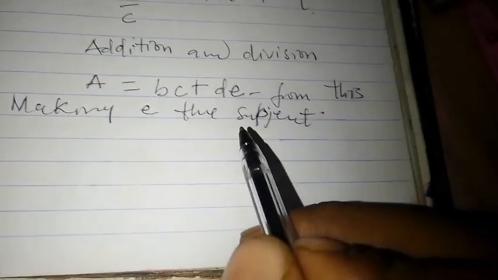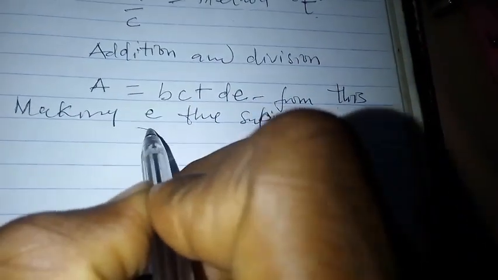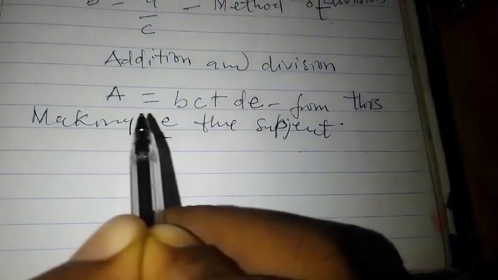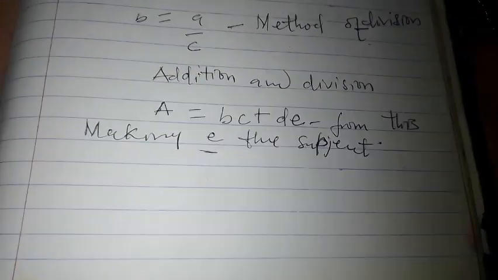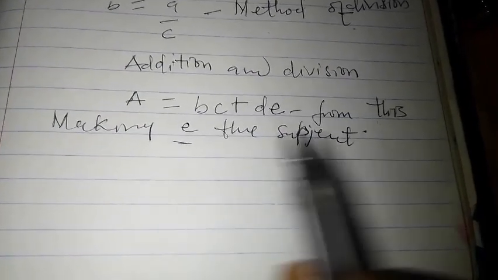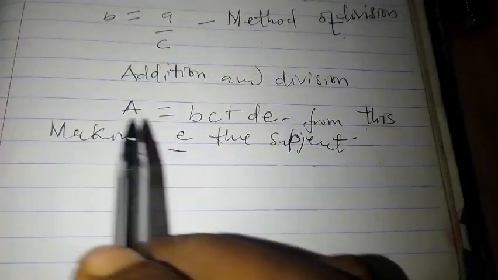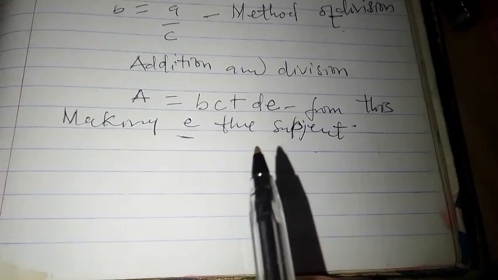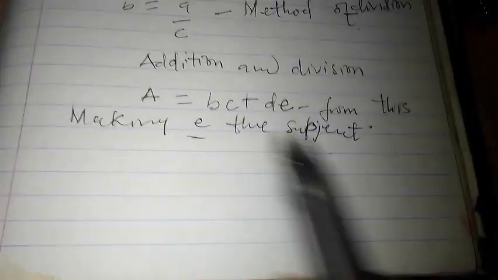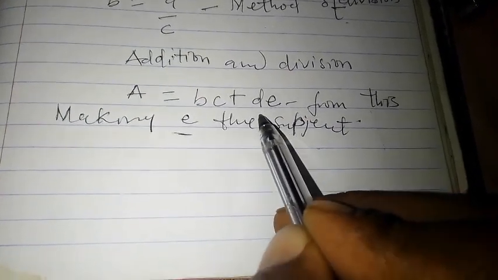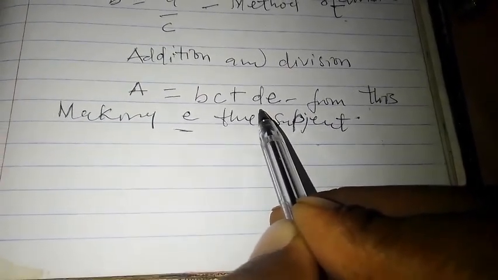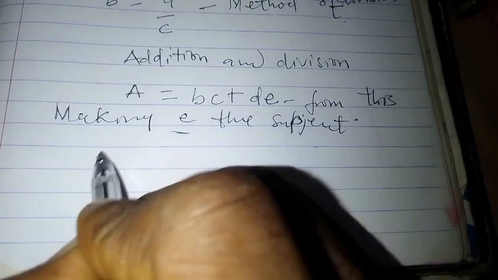What we're going to do here is that the method is addition and division. So now we are going to group like terms here. Where is E found? E can be found with D, isn't it? Yeah.